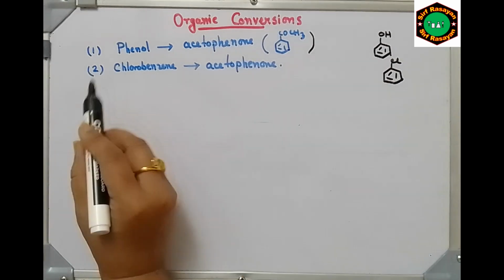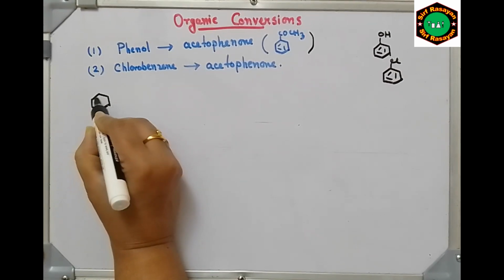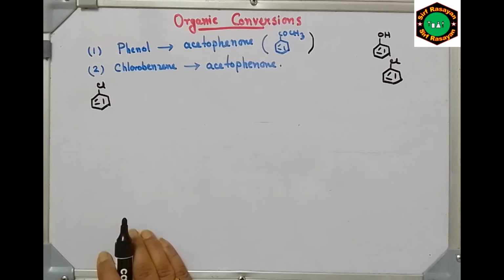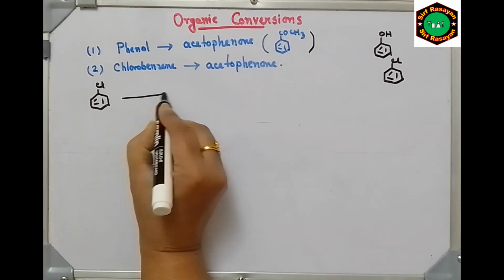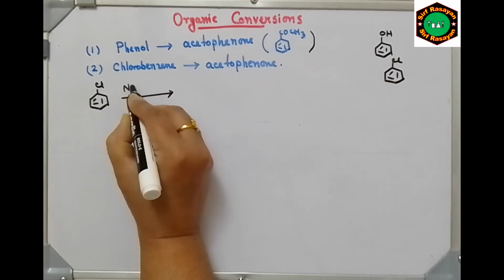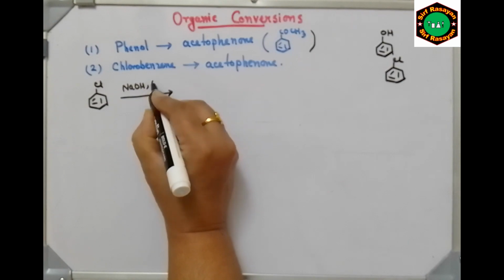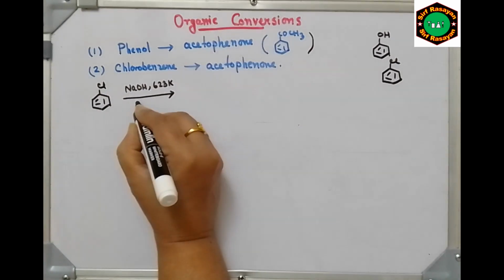So first I am starting with chlorobenzene. This is chlorobenzene. You have to write the name here. Then what you have to do? You have to treat it with sodium hydroxide. Heat it with this temperature and pressure.